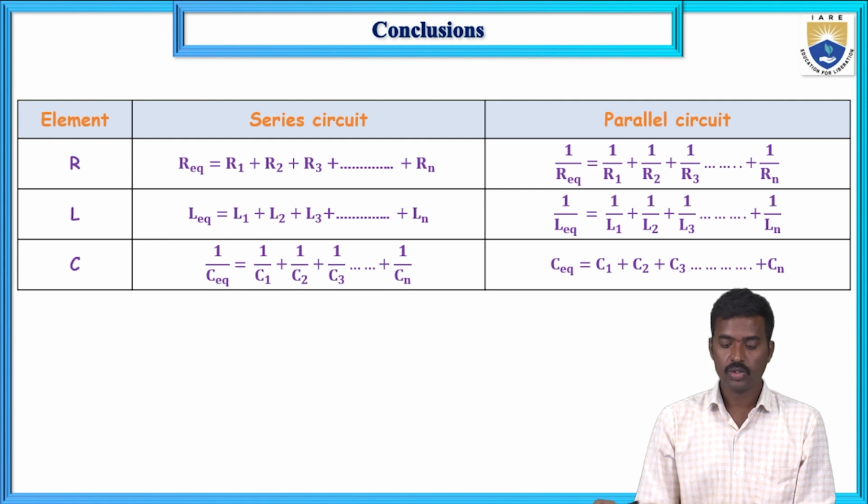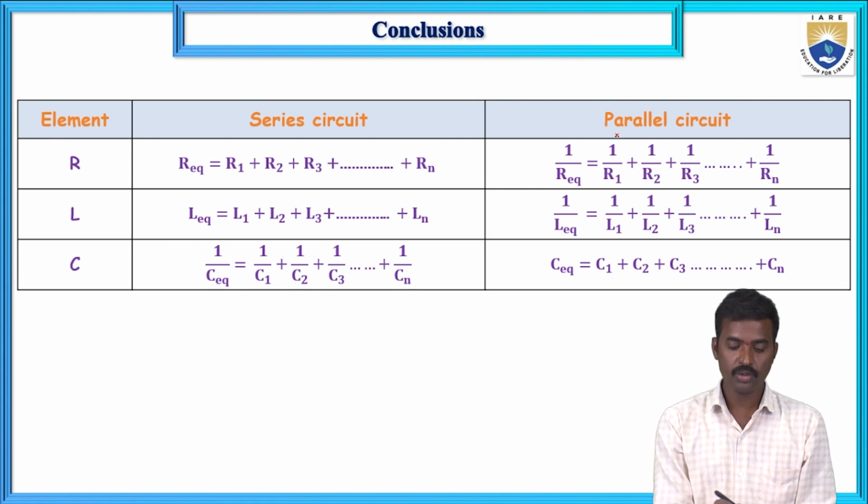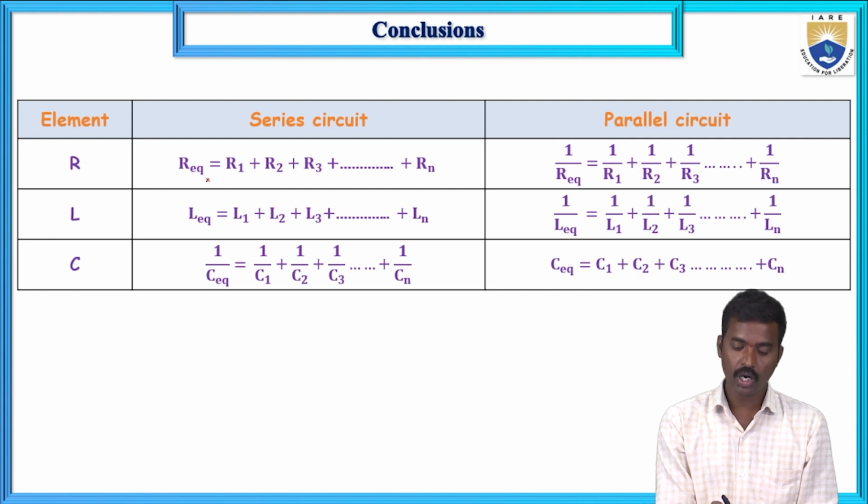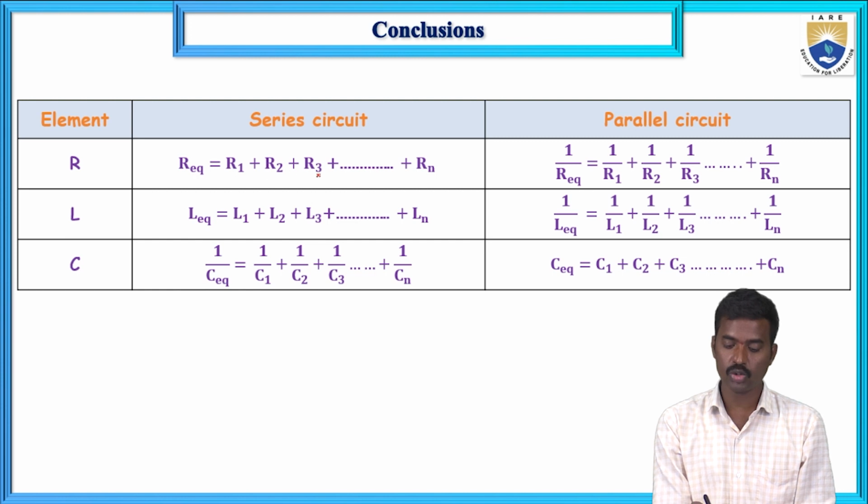So here: series circuit, parallel circuit, series resistors, series inductors, series capacitors, parallel resistors, parallel inductors, and parallel capacitors. For series resistors, the equivalent resistance equals the sum of the individual resistances. For series inductors, the equivalent inductance equals the sum of the individual inductances.